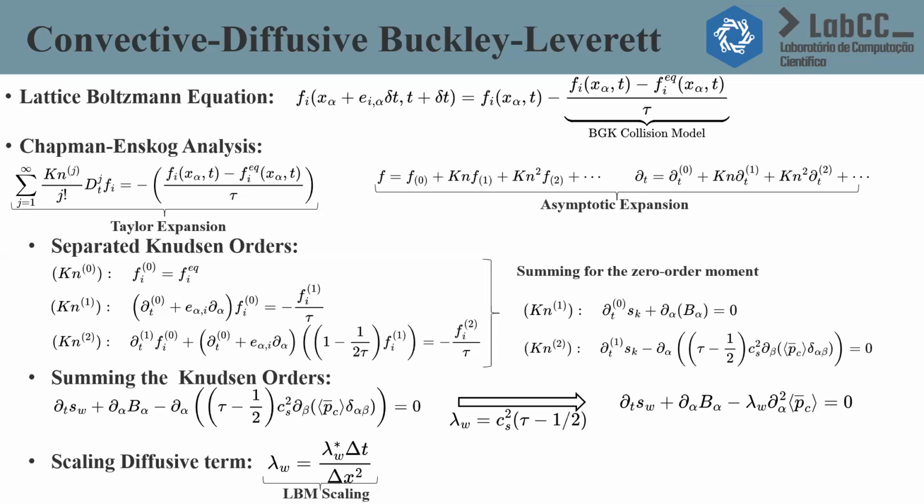I sum for the zero order moment, summing the Knudsen orders. I recover the desired equation, but now I have a constitutive term that is lambda, and it scales delta t by delta x squared. This term will control the intensity of the diffusivity in the process.